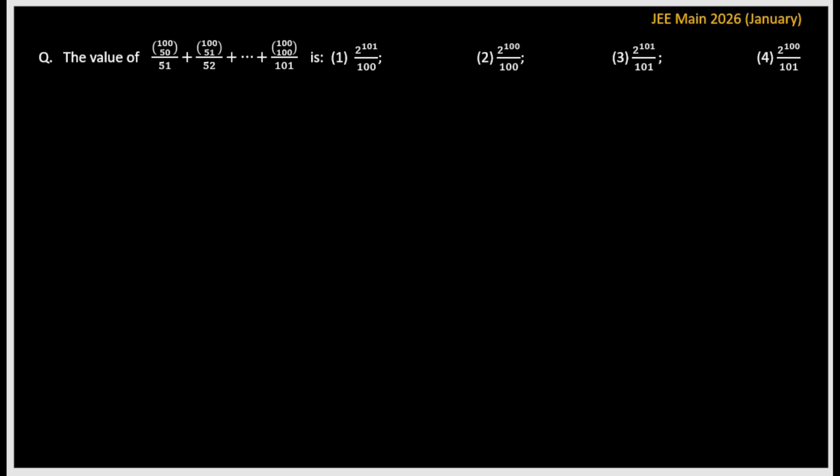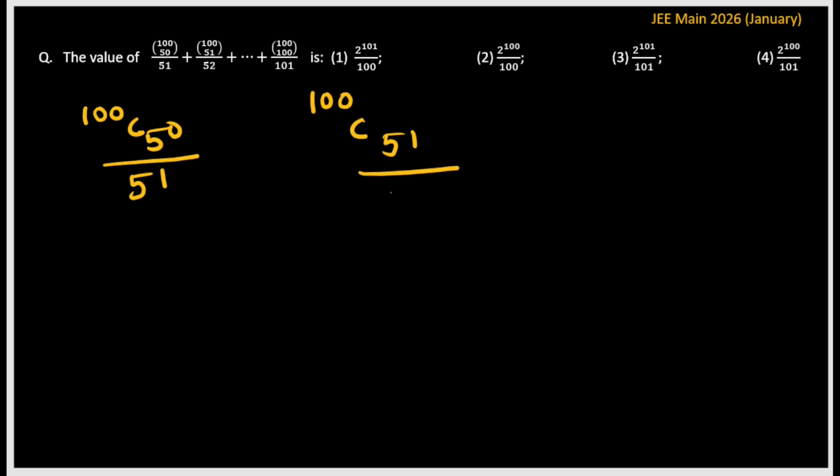Observe the terms in this question. Here the first term is 100 C50 over 51. Second term is 100 C51 over 52, and the last term is 100 C100 over 101.